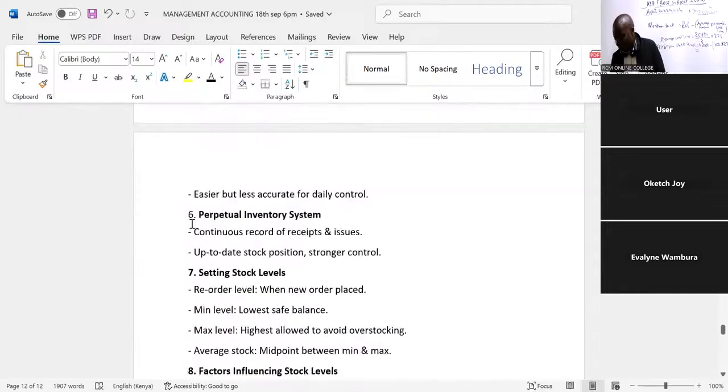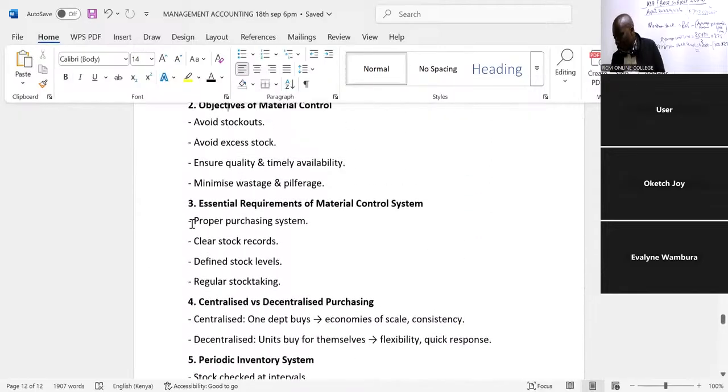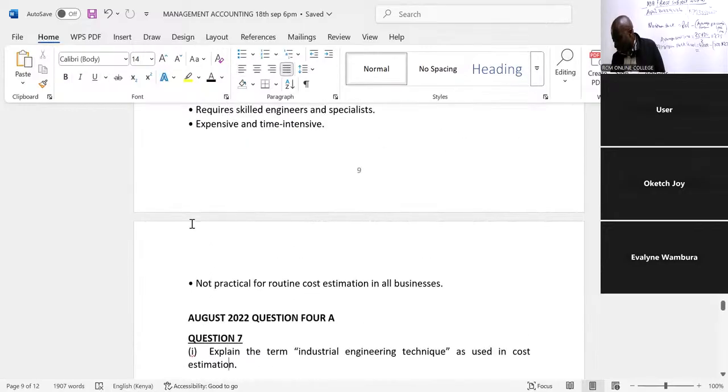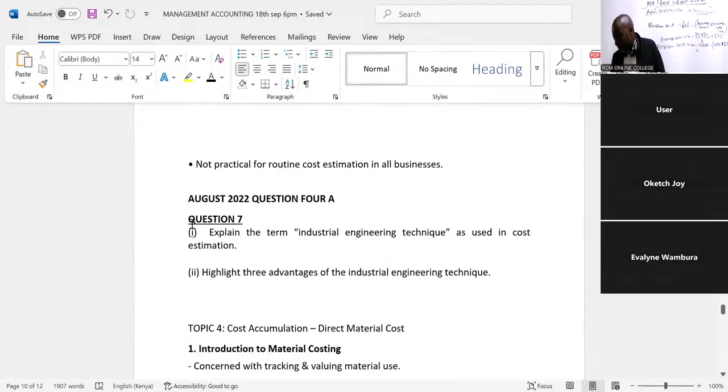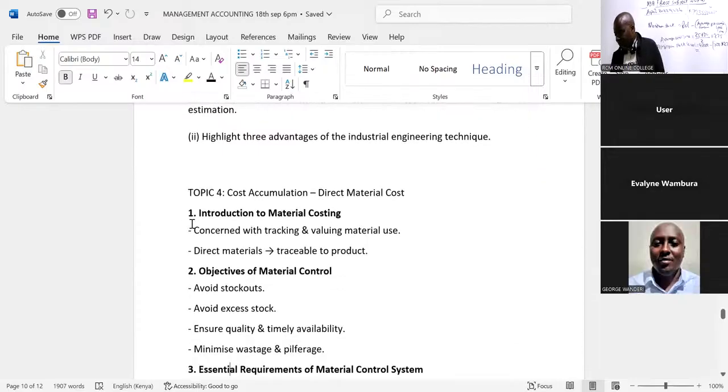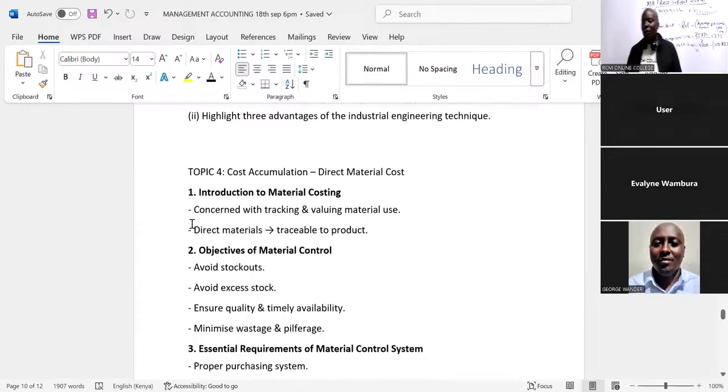If you go to topic number 4, cost accumulation, among the last pages, direct material cost. Have you seen the handout? All right. These notes are highly summarized, but they will help you to pass your paper. So, introduction to material costing.